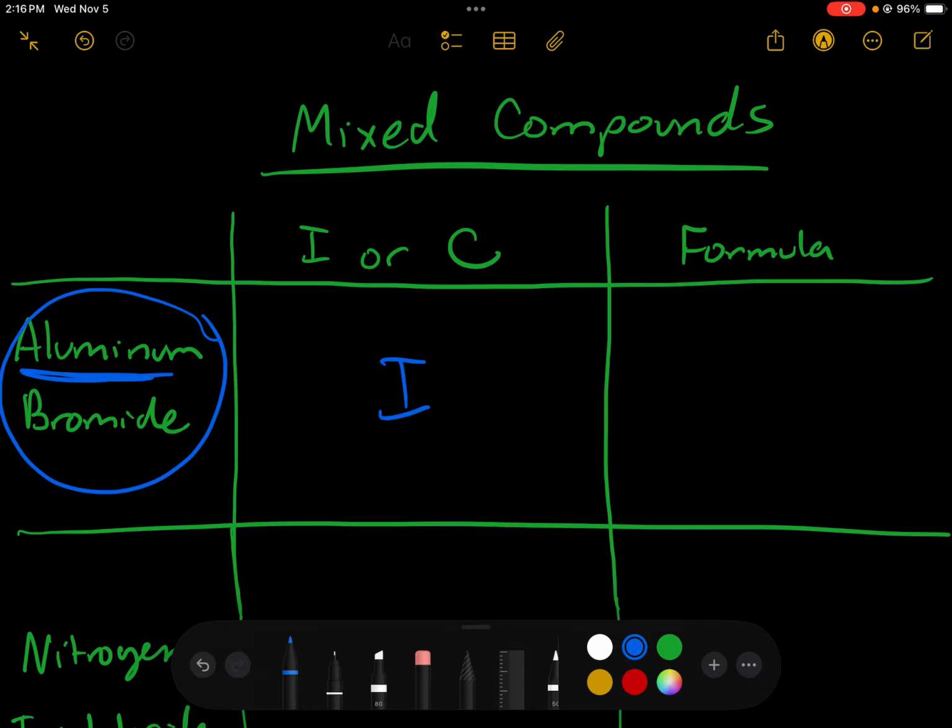Therefore, this is an ionic compound, and I should be doing swap and drop to make the formula. Aluminum is in group 13, and so it's going to have a +3 charge on the periodic table. Bromine is in group 17, therefore it has a -1 charge. And so my final formula is going to be this, because remember, we do not need to write the 1 next to aluminum. We can leave that out.